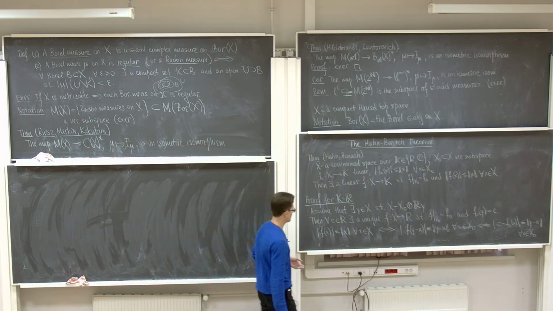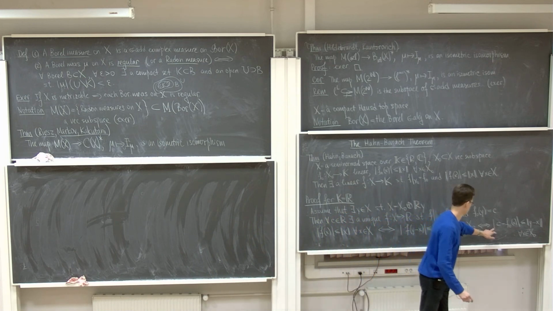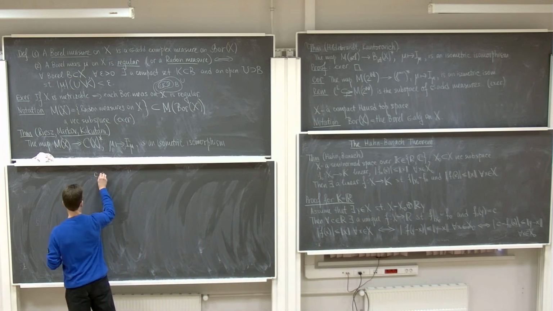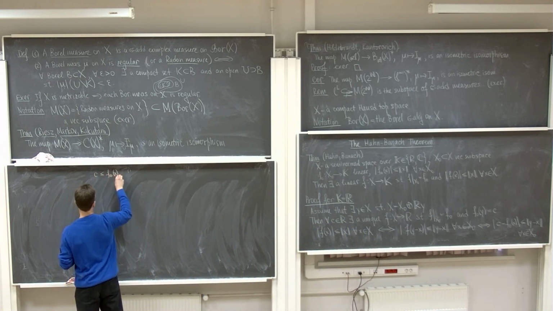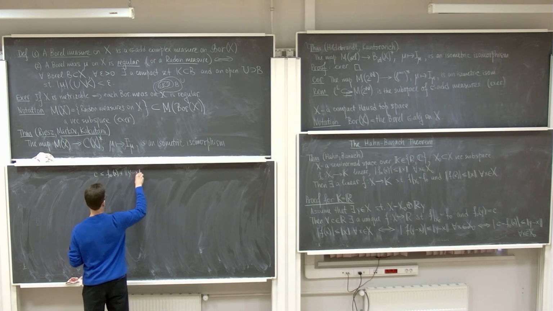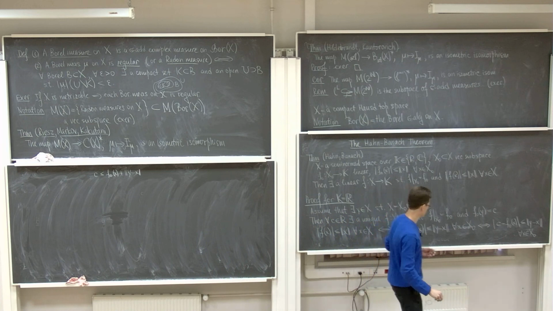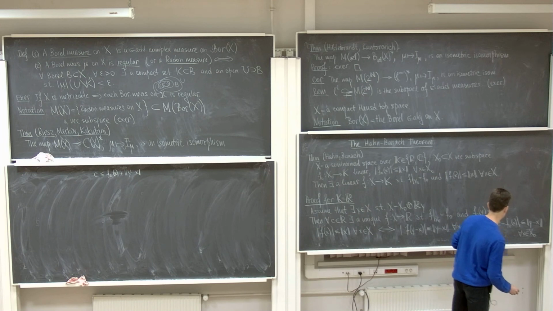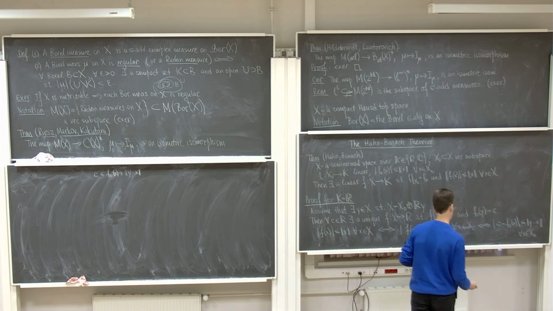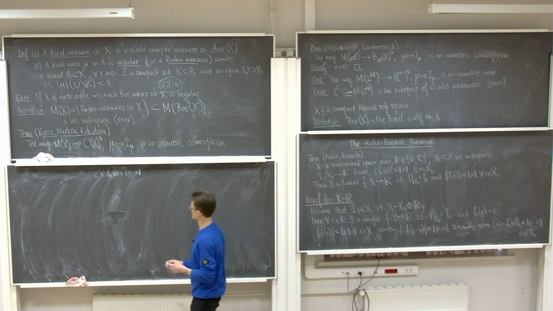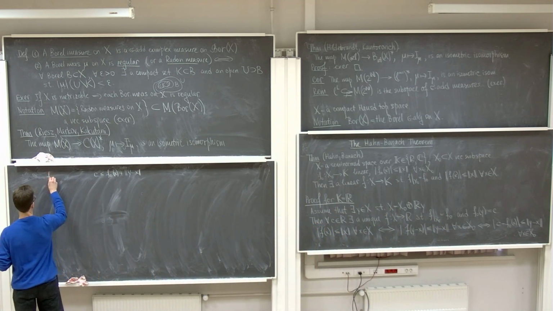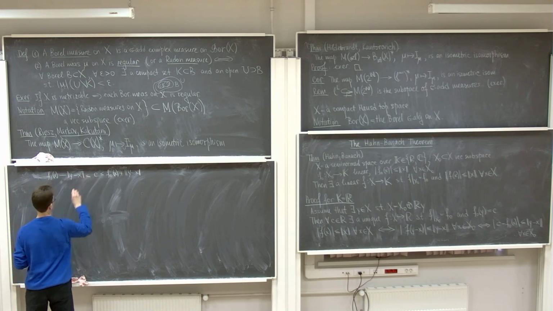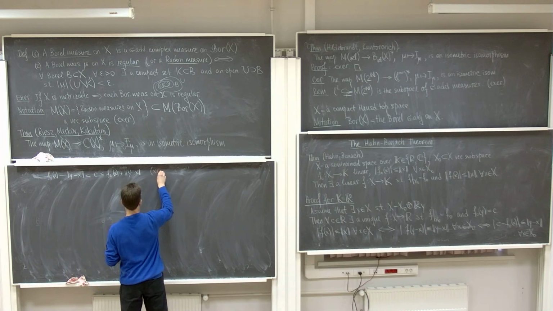So this inequality means that c is less than or equal to f0 of x plus the norm of y minus x, and is greater than or equal to f0 of x minus the same number, for each x in x0.